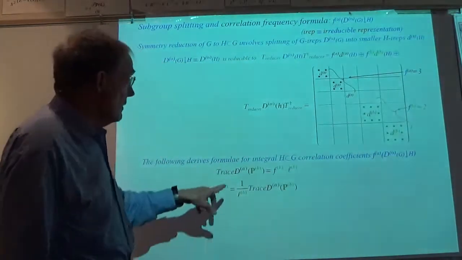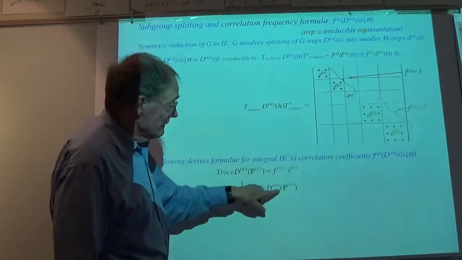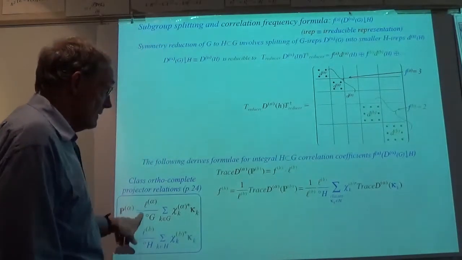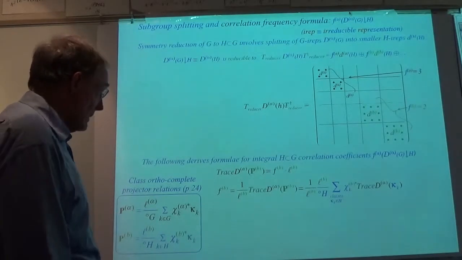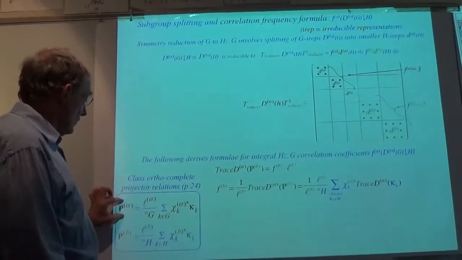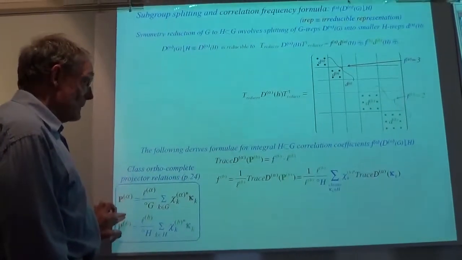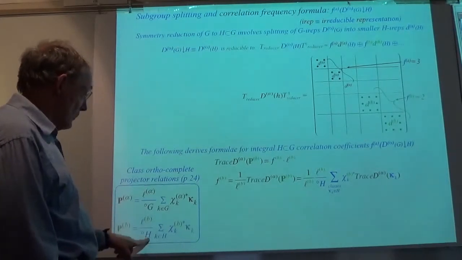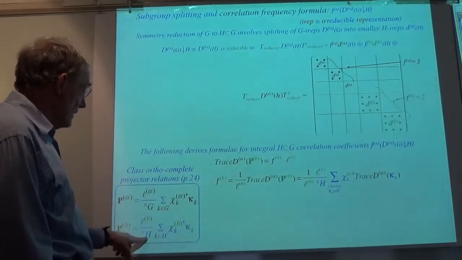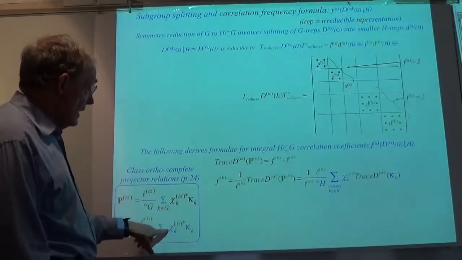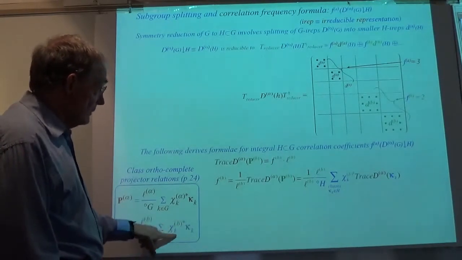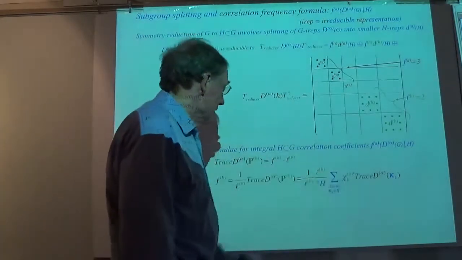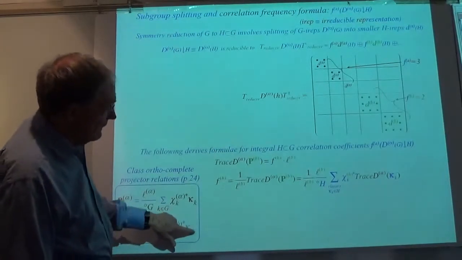So I'm interested in 1 over L, that trace, and I can use the formula for the projection operator right here. So I'm taking the trace of this projector, because it's a subgroup that we're interested in. So I'm dividing by its order, multiplying by its dimension, and using the character of the subgroup to multiply the trace of this element right here.